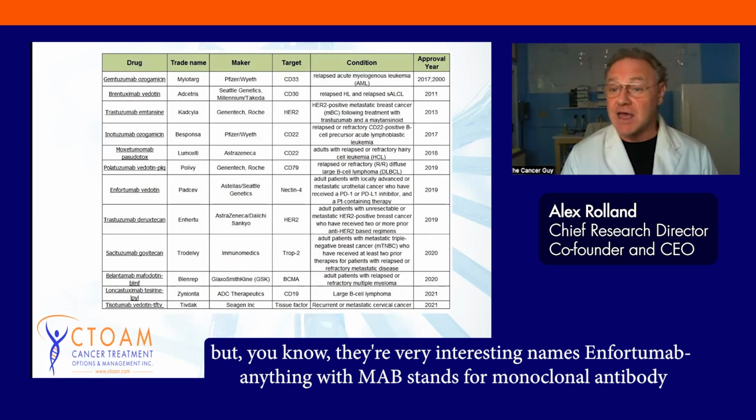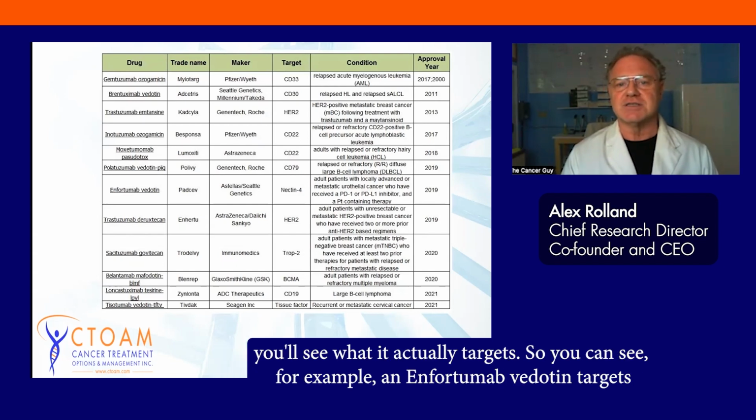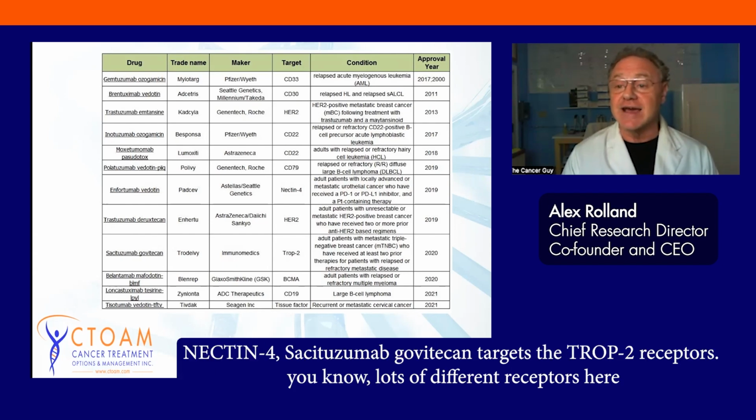Anything with MAB stands for monoclonal antibody. If you see MAB on the end of a word, it means monoclonal antibody. And then if you look at the target, you'll see what it targets. For example, enfortumab vedotin targets Nectin-4, sacituzumab govitecan targets the TROP2 receptor, lots of different receptors here.